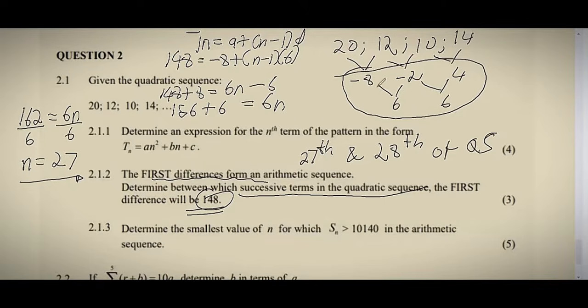As we can see here, the first term of the first differences is in between the first and the second term of the quadratic. The second term of the first differences is in between the second and the third term, right?